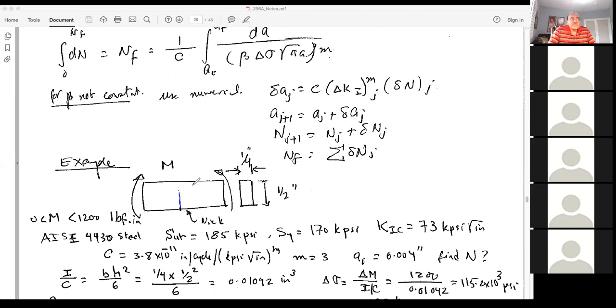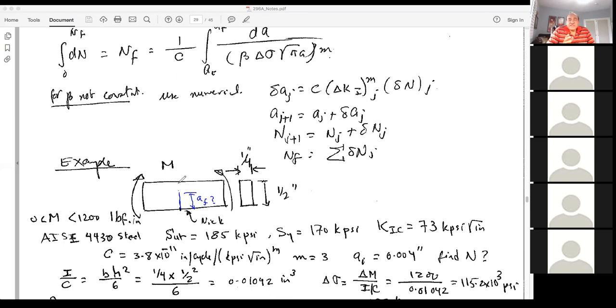Obviously, when it goes to a certain critical size that we have here, A final. So A final here is going to be a value beyond which the crack cannot be stopped. In other words, it will be gone.